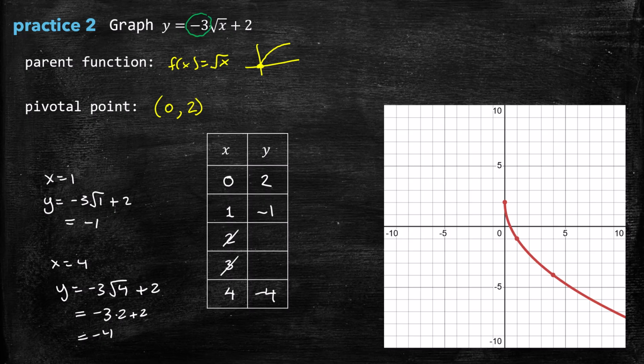Notice in the table that that's how you get from the pivotal point to the next value. So that's down 3, exactly what that value of a is in front of the function. So notice that in each case we're just increasing x by 1, and we notice that y changes by whatever that value up here of a is.